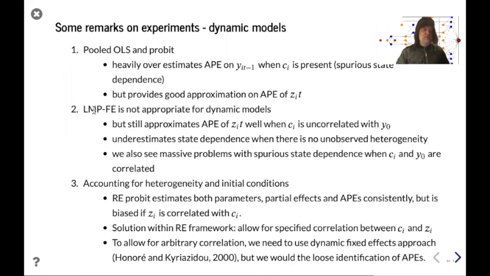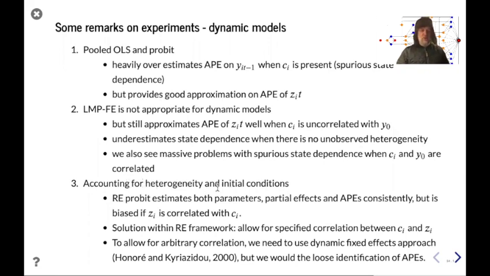Basically, in none of the cases is the linear probability model with fixed effects appropriate for dynamic models, because strict exogeneity is violated. But it sometimes still approximates the average partial effect well, if C is uncorrelated with y, in the trivial cases where strict exogeneity applies.